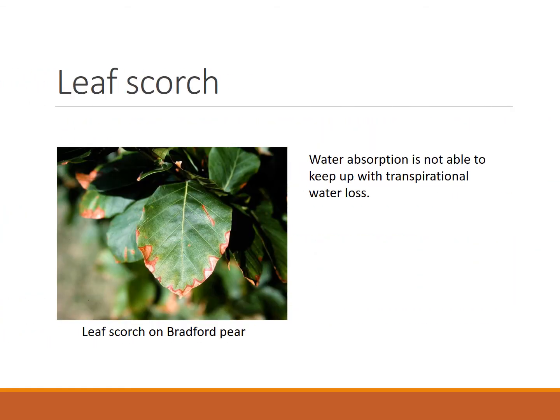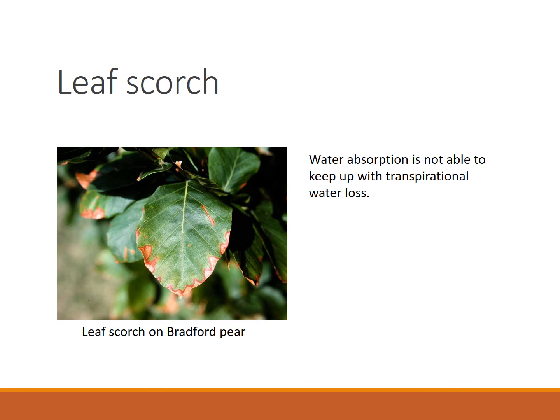Leaf scorch is a problem caused by high temperatures. Leaves may scorch when the rate of water absorption is not able to keep up with transpiration, or water loss. Water is being absorbed by the roots under normal circumstances. Remember that trees and shrubs, plants, transpire, so they lose water through their stomata, and that's necessary because that's one of the main factors that helps move water up through the xylem of the plant.